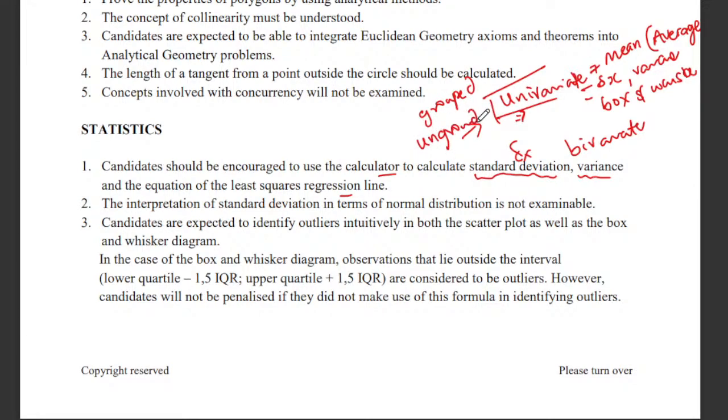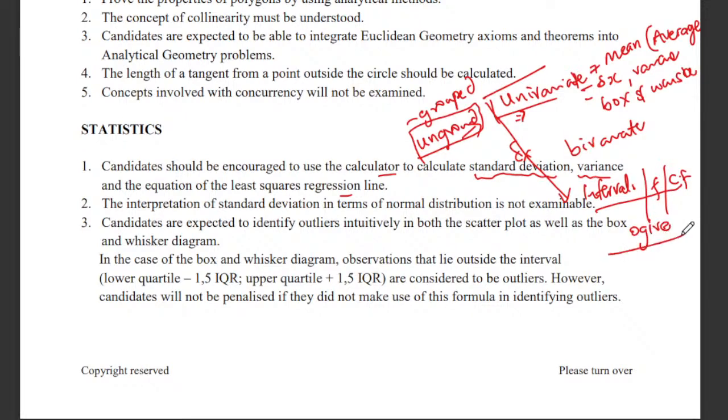Okay, so with this mean, standard deviation, and variance, it goes for ungrouped. When it comes to the grouped, which deals with the intervals or classes, that's where we have the frequencies, the cumulative frequencies, and also the ogives, or the cumulative frequency graph.